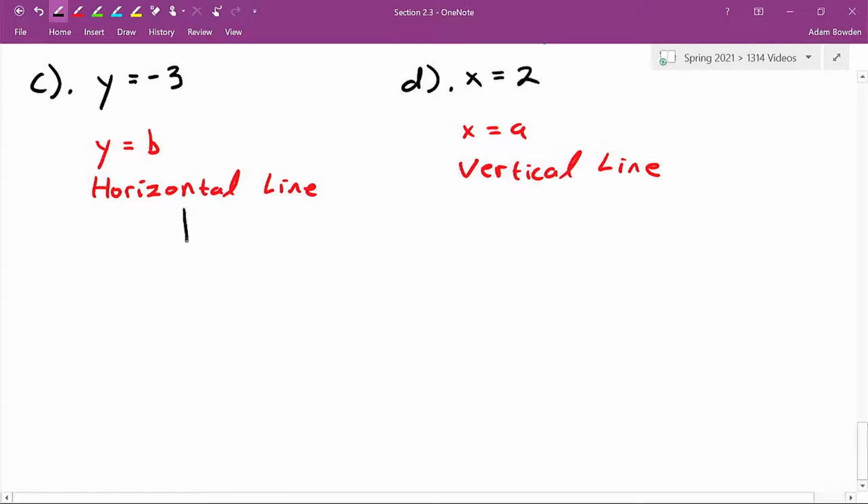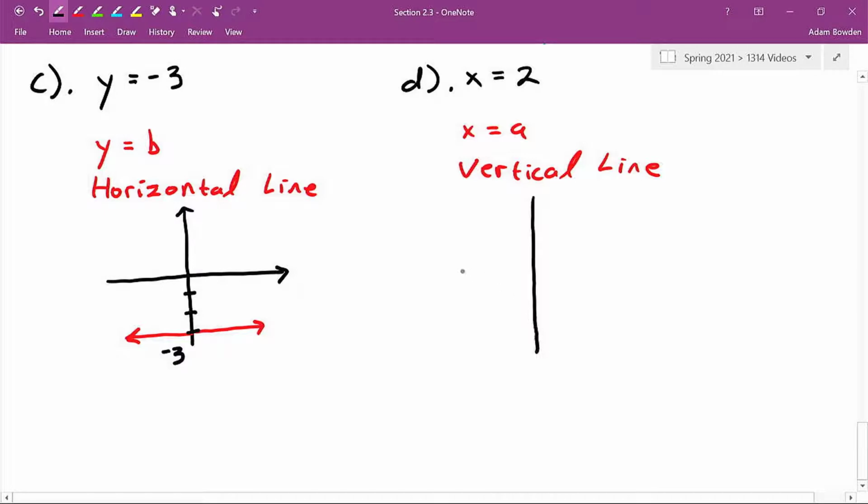So to draw y equals negative 3 as a horizontal line, we just go down to negative 3 on the y-axis and draw a horizontal line through that number. For x equals 2, we'll draw a vertical line by going through 2 on the x-axis.